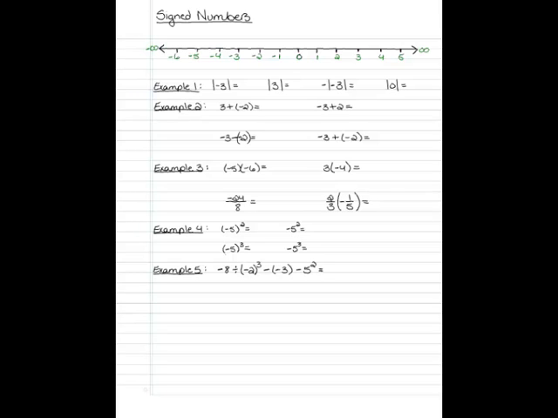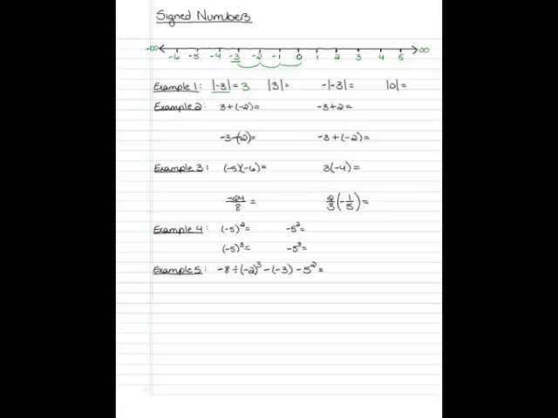So here we have the absolute value of -3. All right, -3 on the number line. Remember, we're just looking at the distance from 0. -3 is 3 units from 0. So the absolute value of -3 is 3.